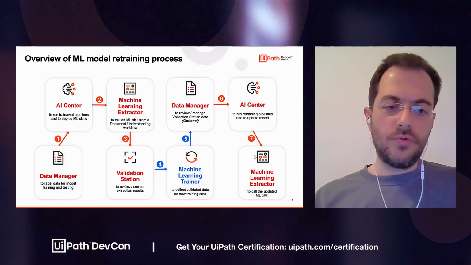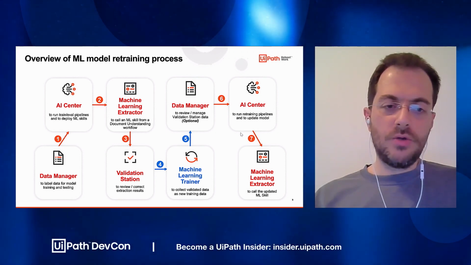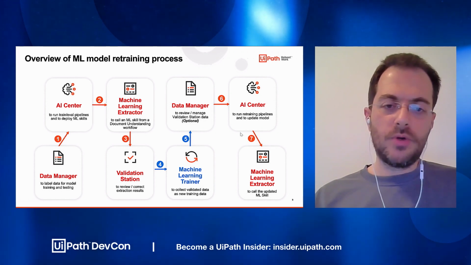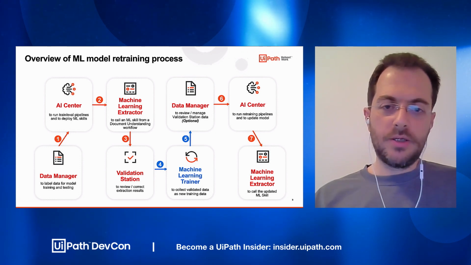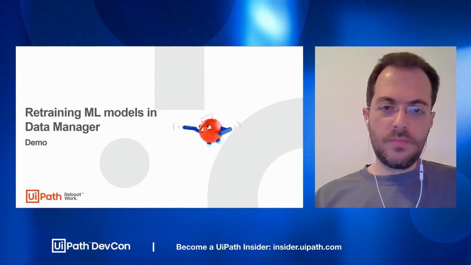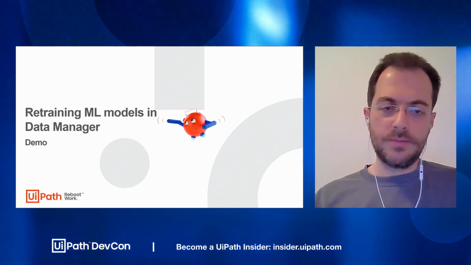And as we repeat this cycle periodically, maybe potentially weekly or monthly, you have the guarantee that your machine learning model always stays up to date with the data that is flowing through your business process. Now, let me cut over to my demo so I can show you how it works.